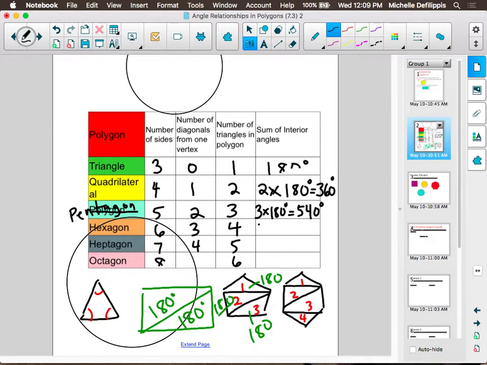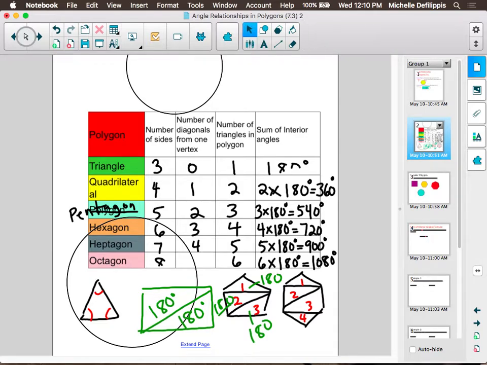So if we were to finish this column, 4 times 180 gives us 720. And we notice a pattern here. For any pattern, we can have some sort of equation to make our life easier if we want to predict. So finish that. That should say 1080. And in a second, you're going to see an equation so that you don't actually have to keep going on a table looking like this.